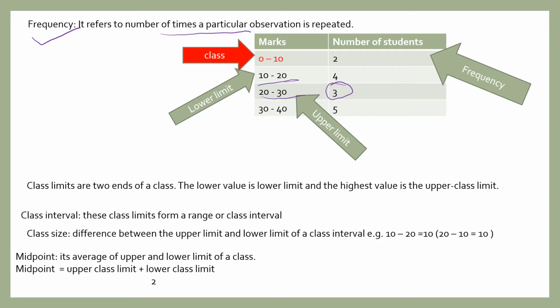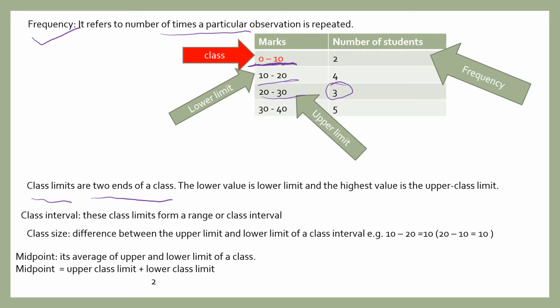Then what do you mean by class limits? There are 2 ends of a class. This we call a class, and there are 2 ends of the class. One is the lower limit, another one is the upper limit. Which one do we call the lower limit?